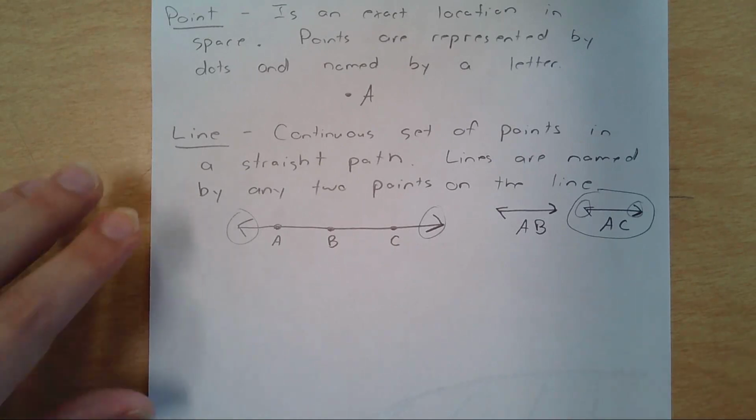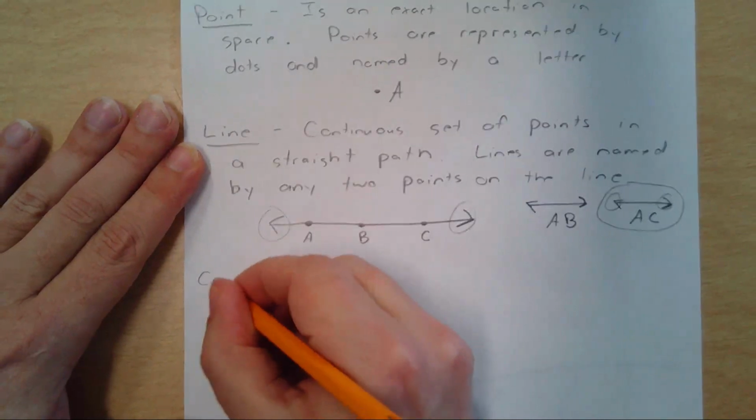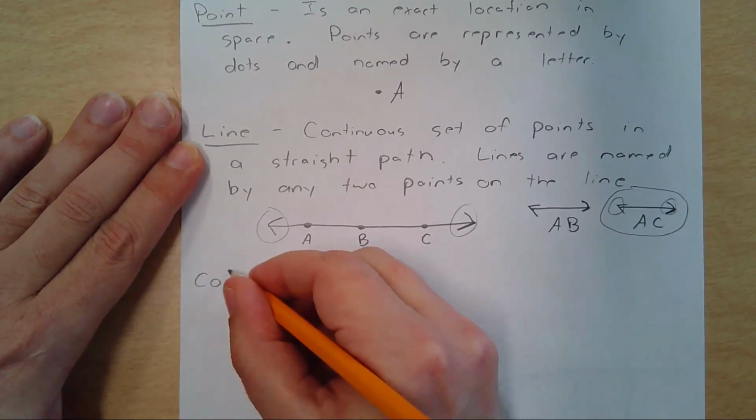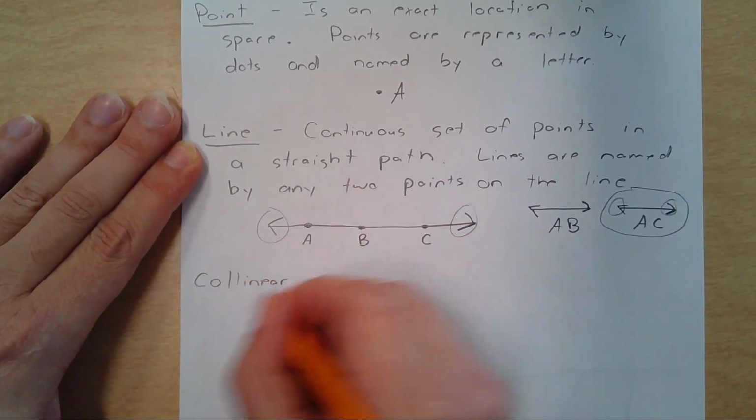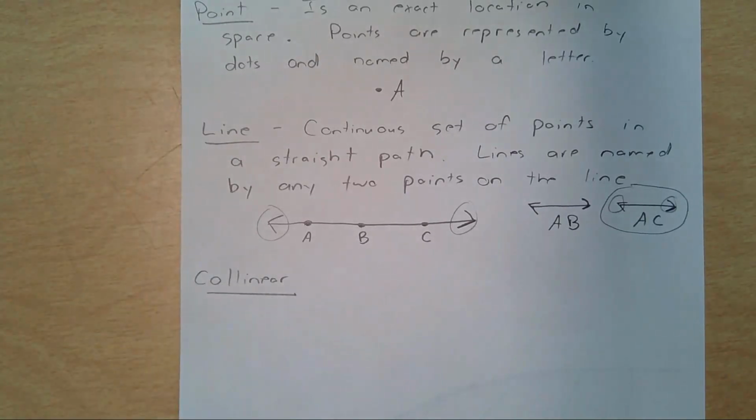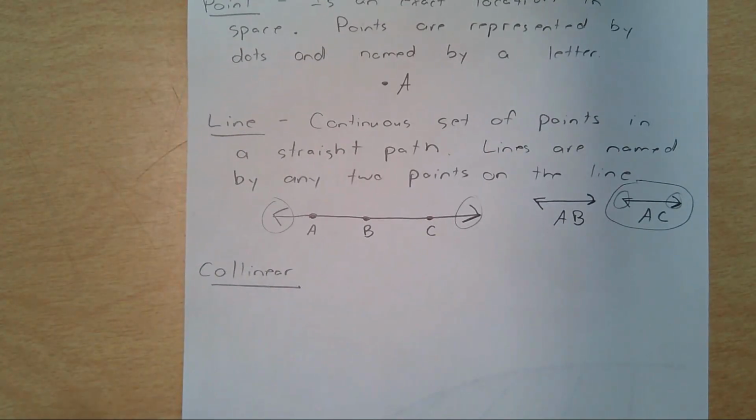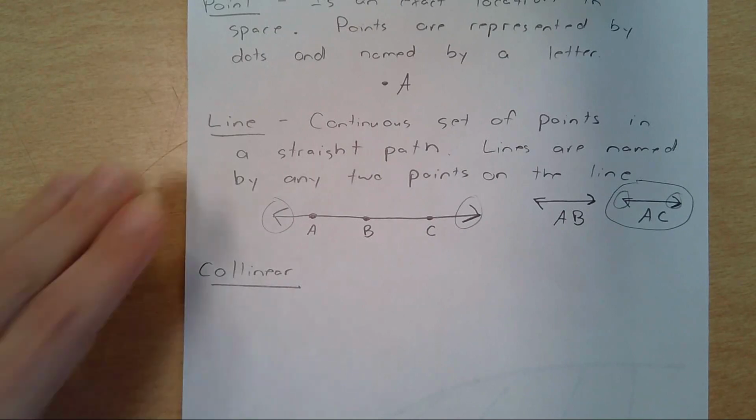So let's talk about collinear. What does that term mean? All right. So collinear and non-collinear pertain to lines. They pertain to lines. All right. So collinear.